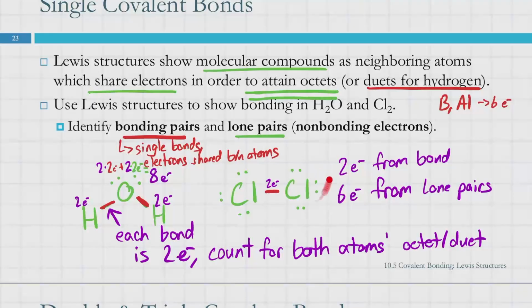The lone pairs, the sets of dots, only count for the atom that they're on. So again, each line equals 2 electrons. Each dot is 1 electron. Typically, they'll be paired up.